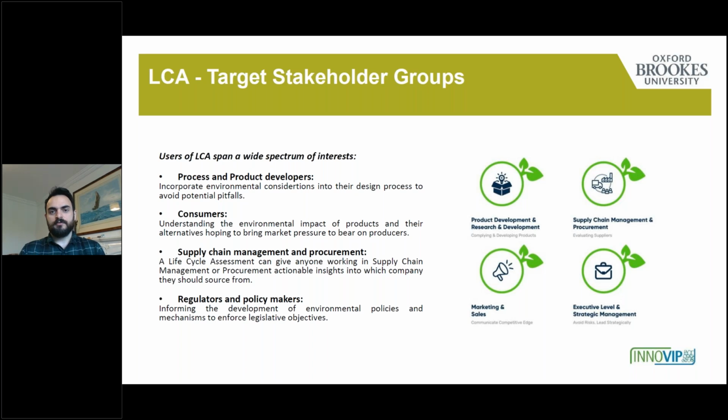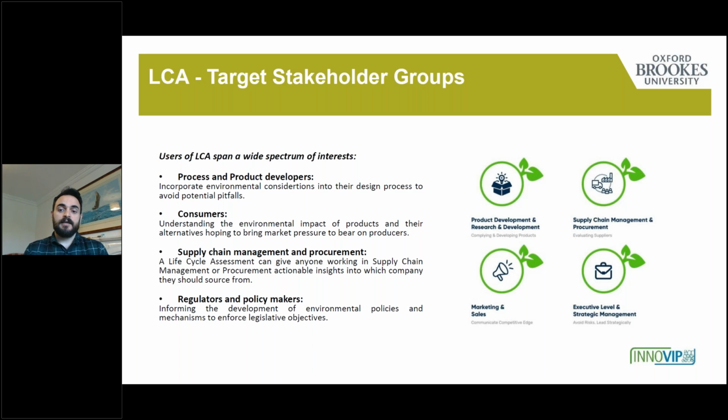The users of LCA can easily cover a very broad spectrum of stakeholders and end users. If we want to generally categorize the end users into four different groups, we can talk about the process and product developers, people who are interested in the environmental considerations of their products and services, then the consumers, the end users, and the people who are responsible for supply chain management and procurement, who are also interested in the environmental impact of things.